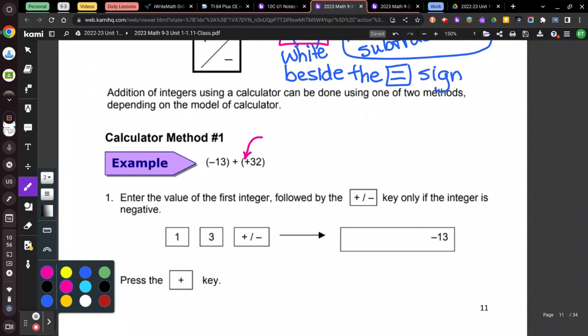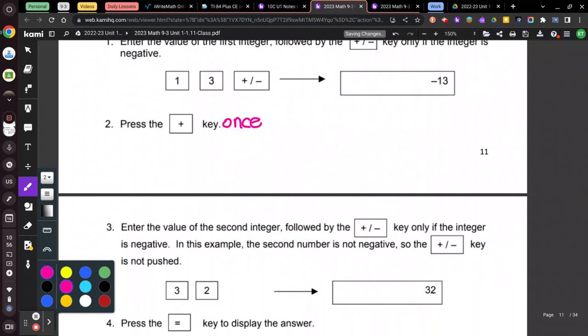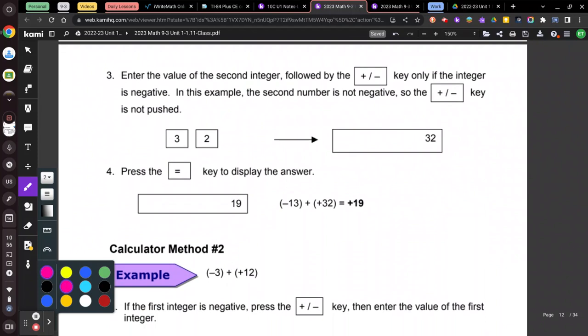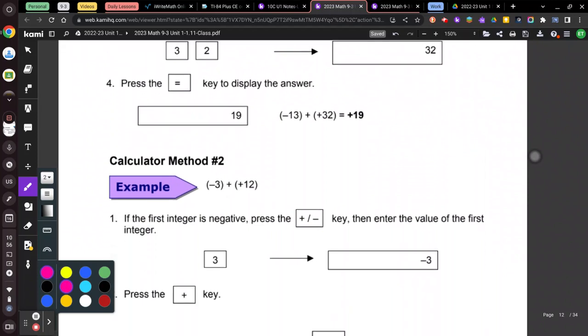But in the calculator, no. You only need to hit the plus sign once, not twice. Even though you see 2 of them, you're only going to hit it once. So it's telling you what to enter, and then it gives you your final answer.